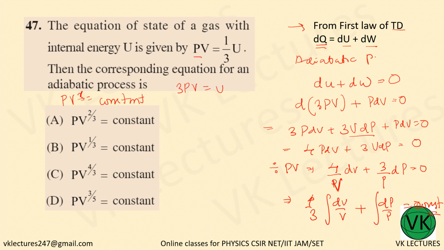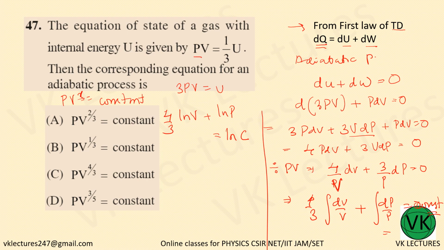So that is 4/3 times the integral of dV/V, which is log V, plus this term, which is log P. Since these two values are in terms of log, we will write this constant also as log C.